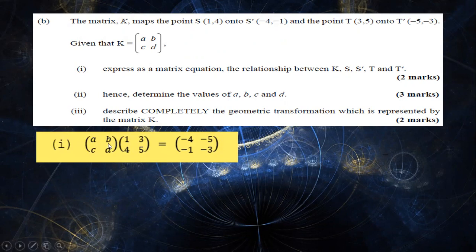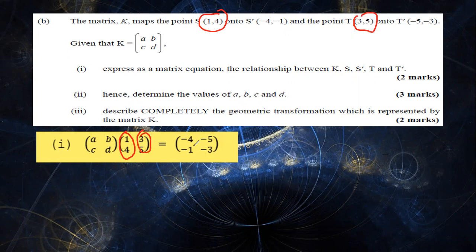So these are the points S and T. S is (1, 4) and T is (3, 5).